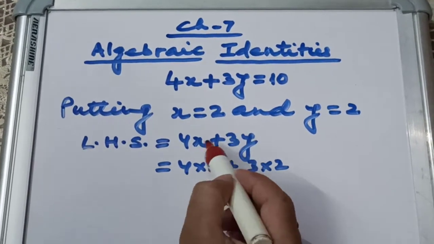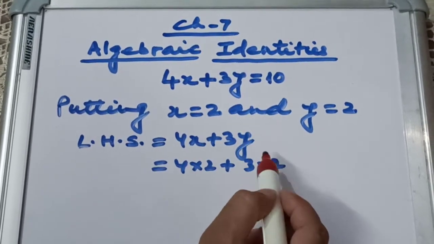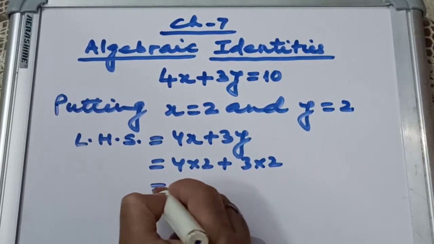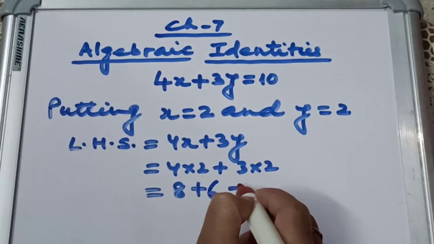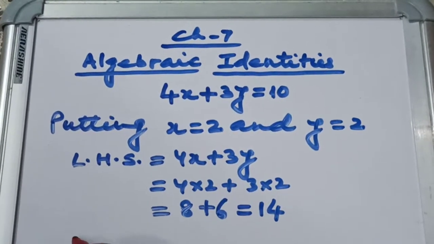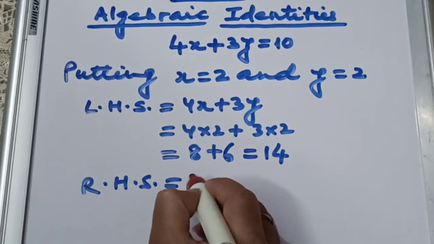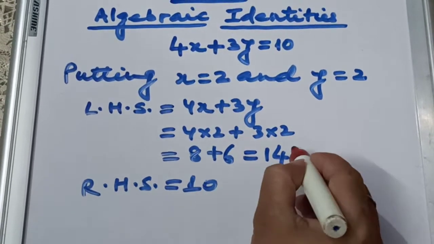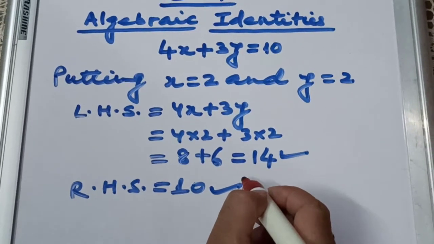We will put x is equal to 2, y is equal to 2. After multiplication we get 14. But RHS is 10. 14 and 10 are not equal to each other.